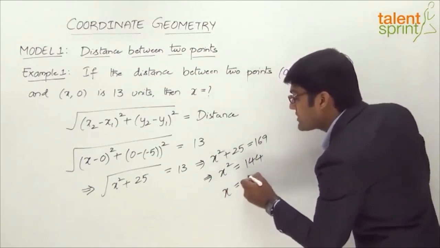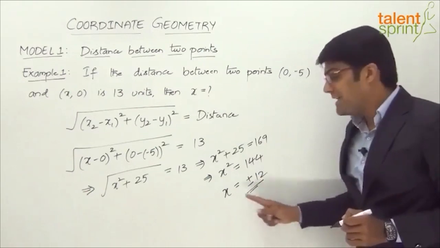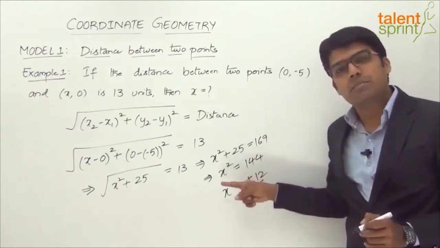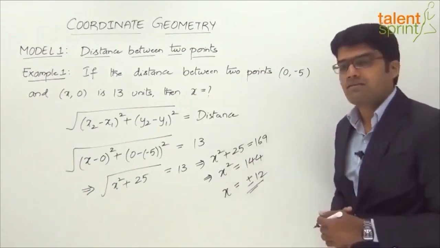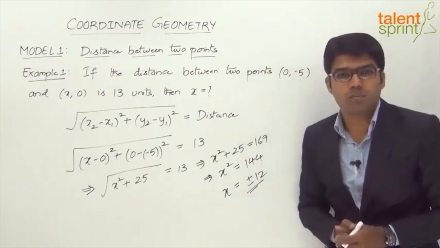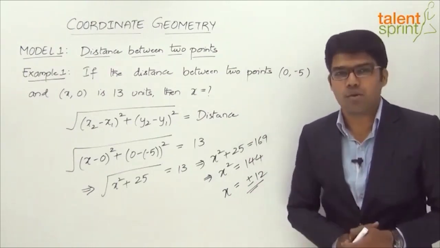It will be plus or minus 12. Remember, do not commit a mistake here by saying that x is equal to 12. x squared is 144, so x can take plus 12 or minus 12. So the answer for this question, the value of x, will be equal to plus or minus 12.